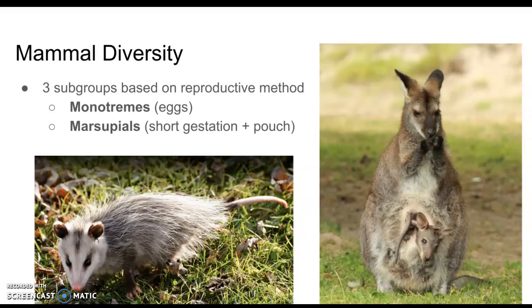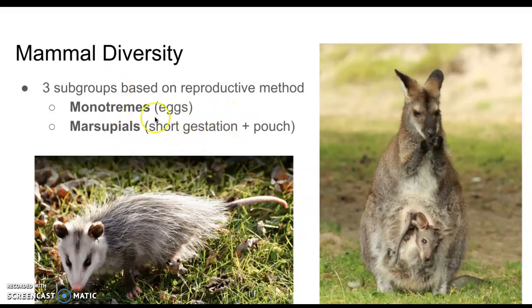And marsupials are unique in that they have a very short gestation period. Gestation period is the period that the baby spends inside the mom developing. For example, for humans, we have a 9-month gestation period, meaning that the baby stays inside the mom for 9 months. And most mammals stay a very long time, but marsupials do not.